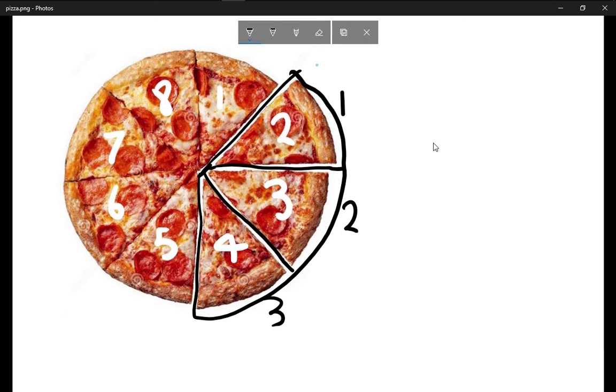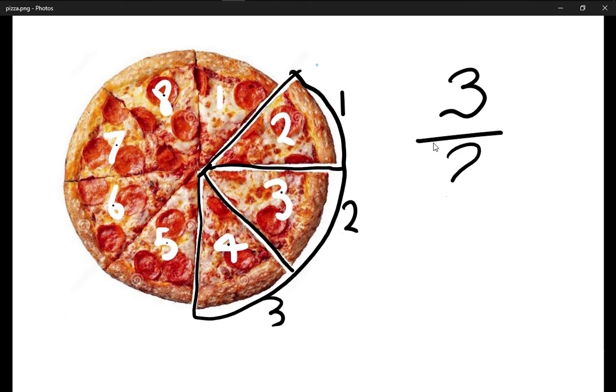So this is the numerator. 3 over, there are 8 parts in this pizza. 1, 2, 3, 4, 5, 6, 7, 8 parts. So it's 3 over 8. Good. Because there are 3 cut parts out of the 8 total parts. So you can see the fraction of cut parts to the whole part is 3 over 8. Good.